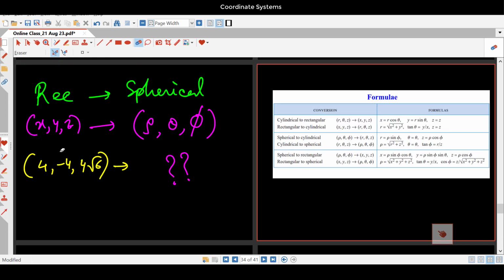For that, have a look. If we have to convert a rectangular point to spherical, there is a formula for rho, a formula for theta, and a formula for phi. So let's apply these formulas and we will get the result from here.